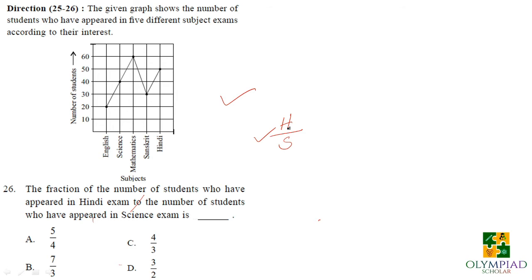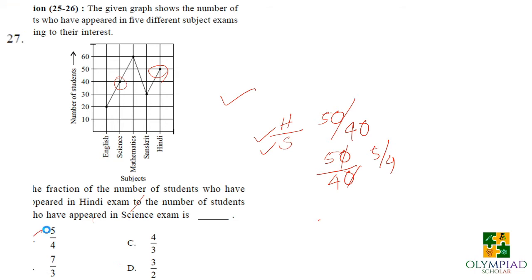So this will give rise to the ratio. For Hindi it is 50, so you can write 50 here, divided by science, which is 40 here. So 50 by 40. The zeros when cancelled will give rise to 5 by 4, which is the correct answer. So it is option A.